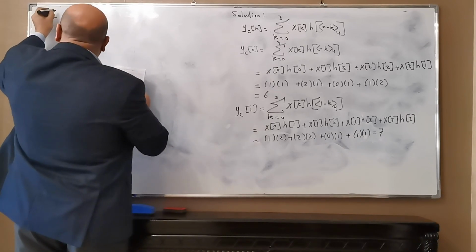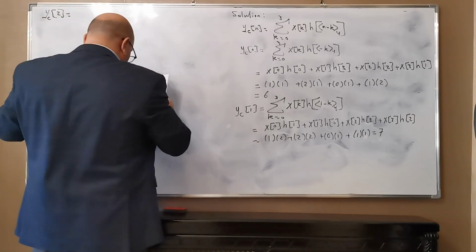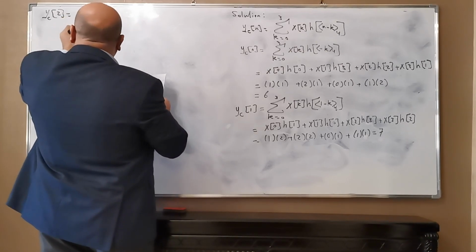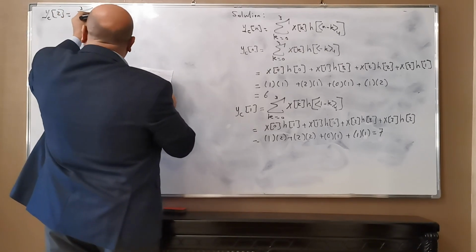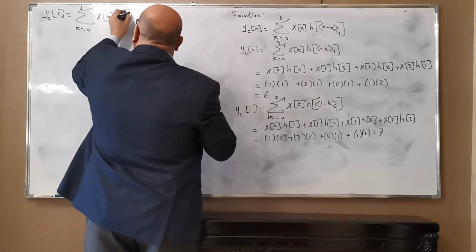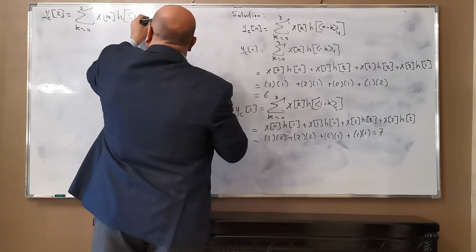YC of 2 is equal to the summation from k equals 0 to 3 of x of k times h of (2 minus k) modulo 4.